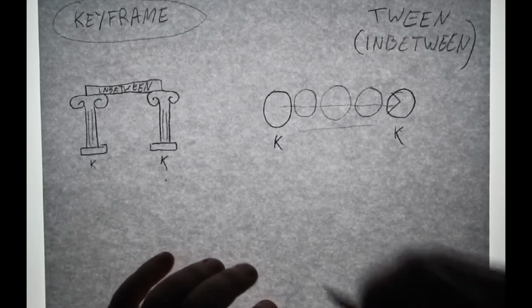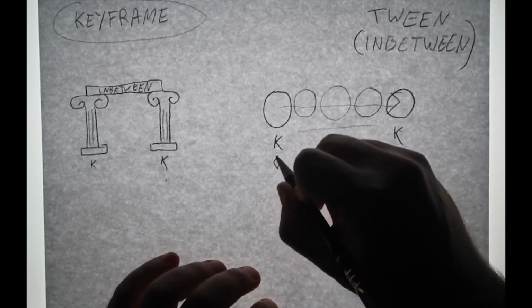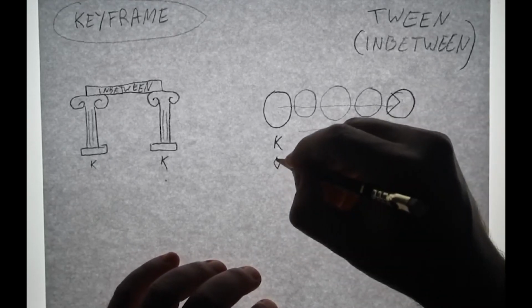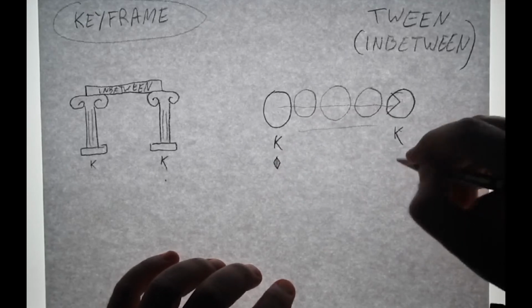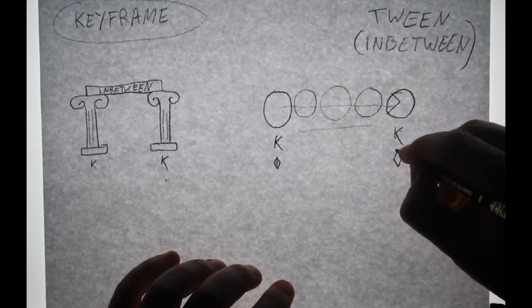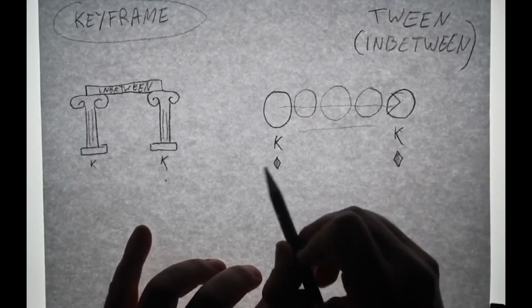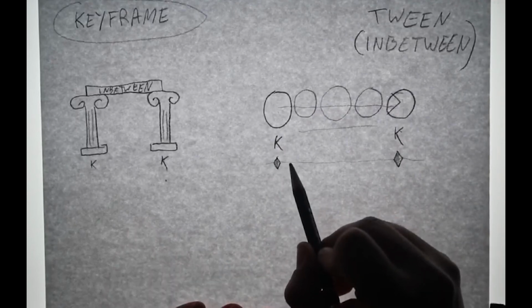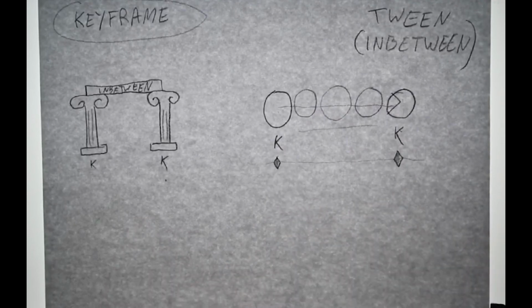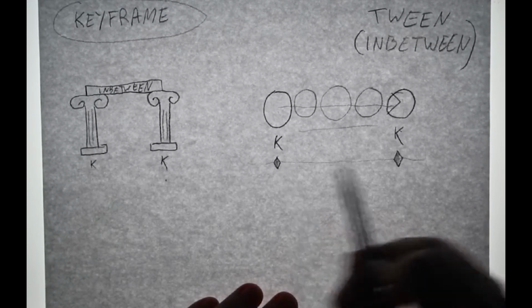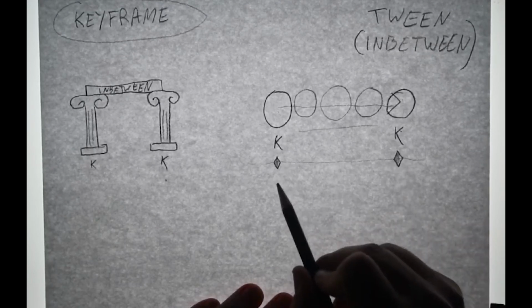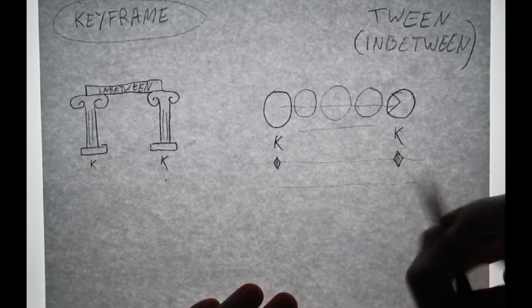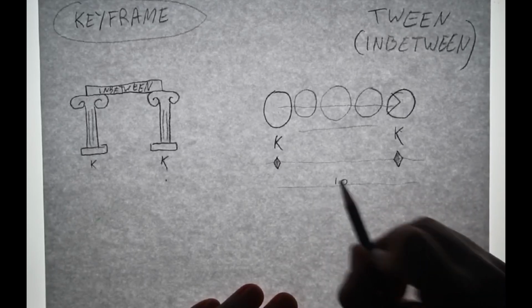Now in After Effects, you'll notice when you drop a keyframe, it's going to look like a little diamond shape on the timeline. And what After Effects does is it looks at how far apart these keyframes are, and let's say you set them apart for 10 seconds.